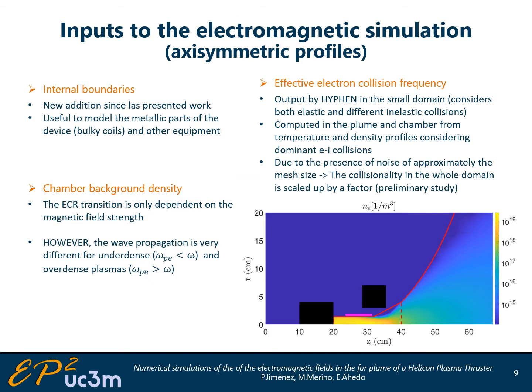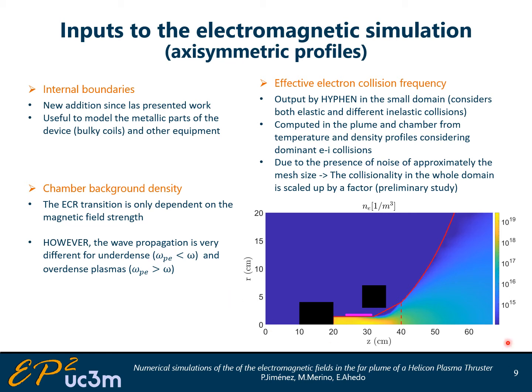As long as we consider a cold plasma, the inputs we need for electromagnetic wave propagation simulation are the electron density that you can see here in this plot and the effective electron collision frequency. This collision frequency is output by HYPHEN in the small domain, considering different types of elastic and inelastic collisions.